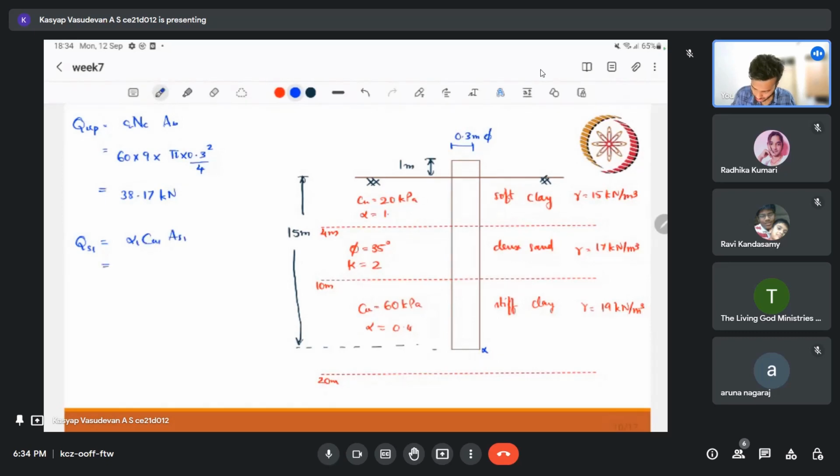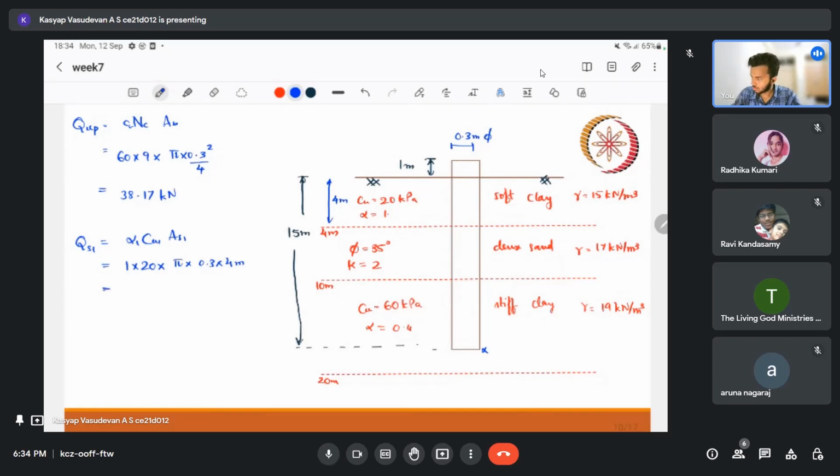Since it is clay, I can write alpha1 Cu1 As1. Alpha1 is 1, Cu1 is 20, and As1 is pi into 0.3 into L1, where L1 is 4 meter.